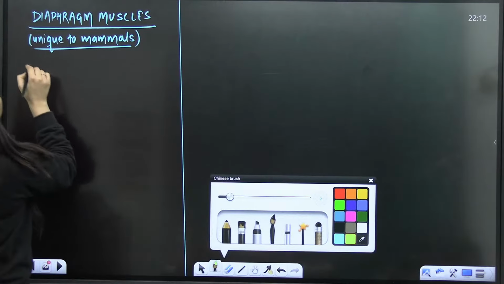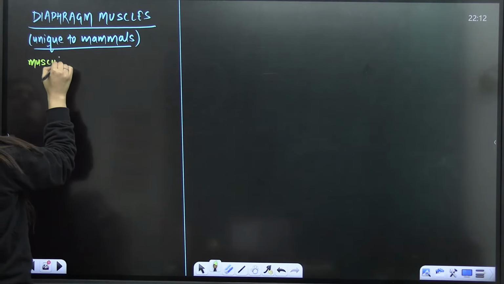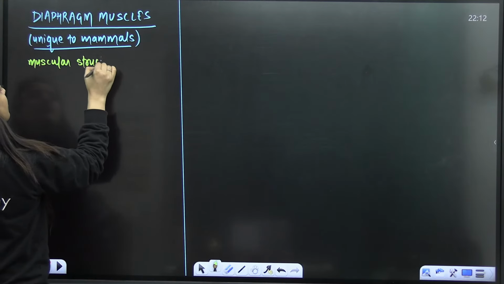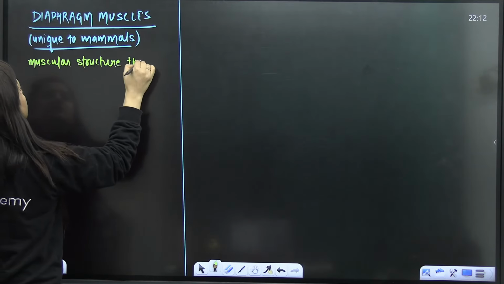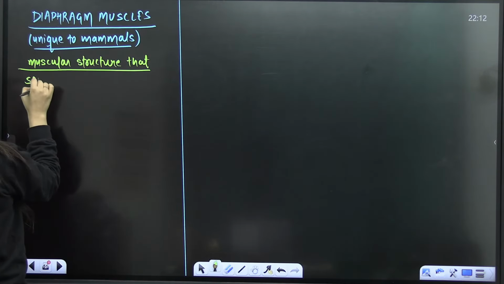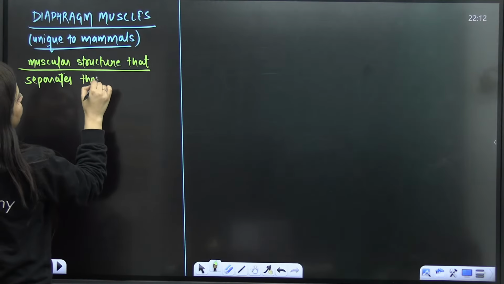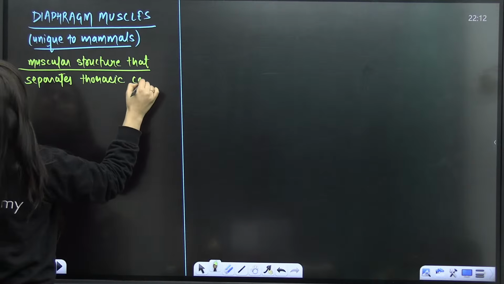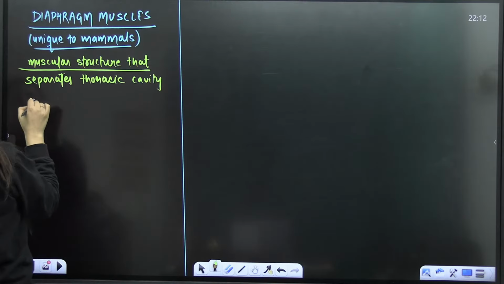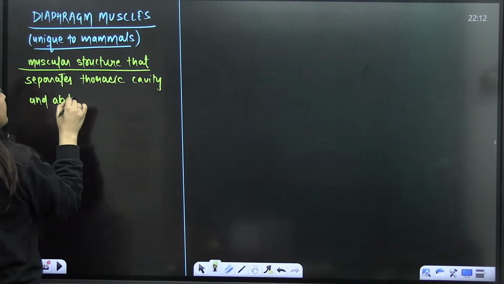So the diaphragm is a muscular structure that separates the thoracic cavity and the abdominal cavity.